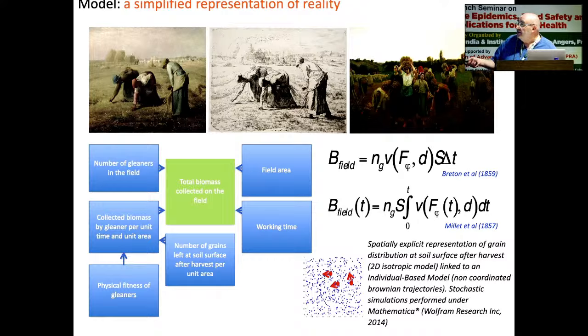And I can say that the gleaners are represented by individual based models who are not coordinated and who follow a Brownian trajectory. So it's some assumption that I'm making. And then I can make some stochastic simulation using some program. So, one conceptual model, 3 different models.